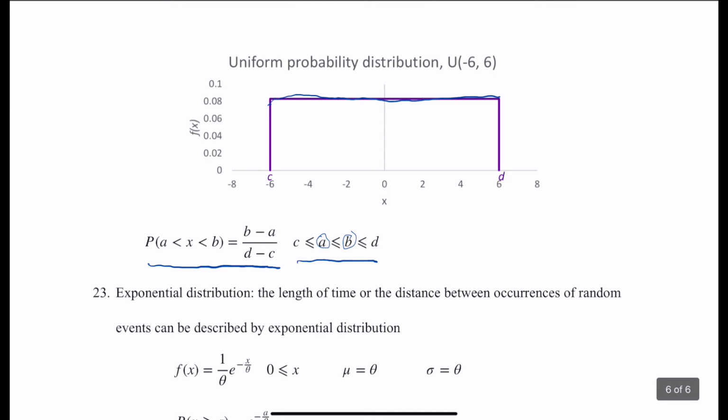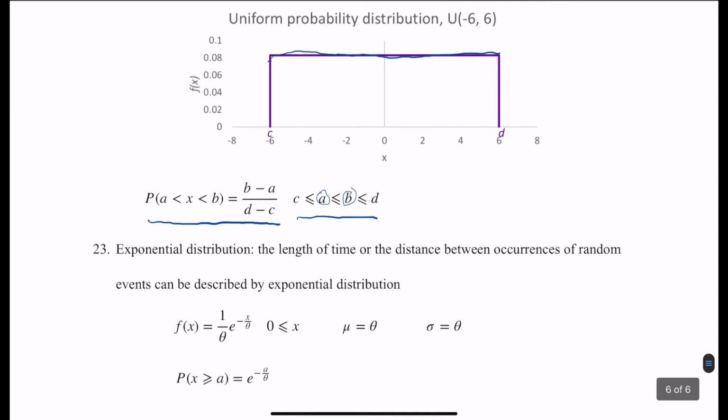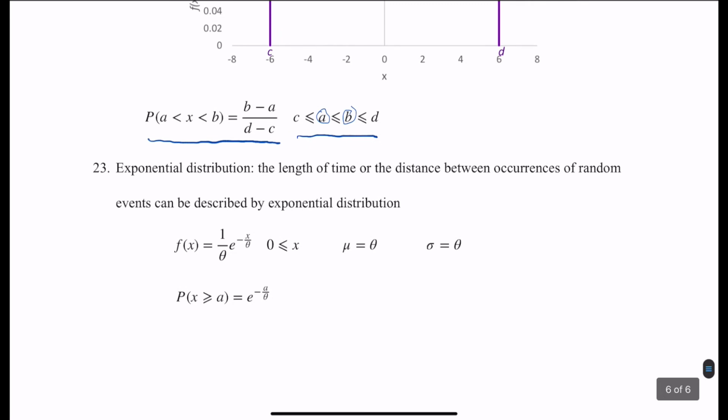One last type of continuous random variable is exponential distribution. I would say this distribution is quite similar to Poisson distribution. I hope you still remember Poisson distribution. It's a type of discrete random variable.